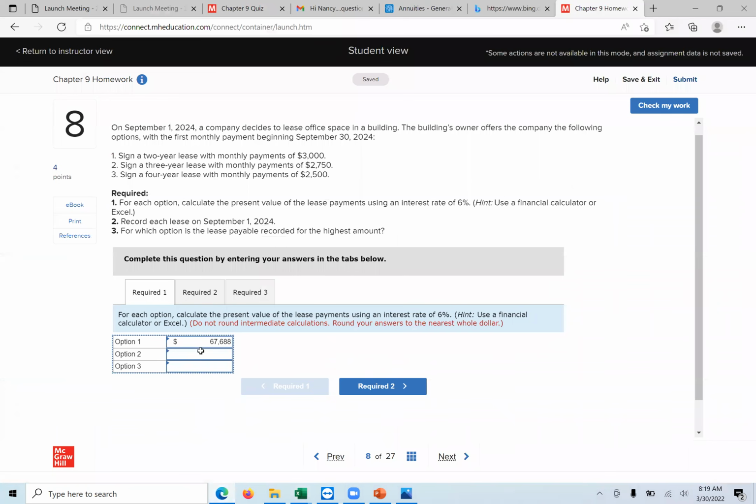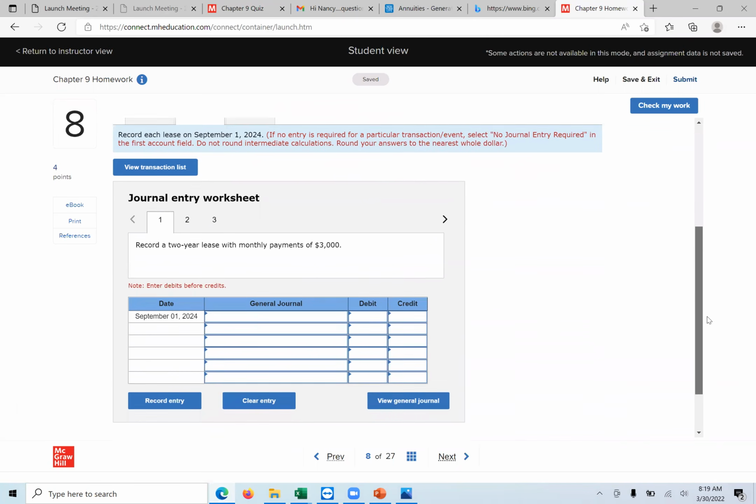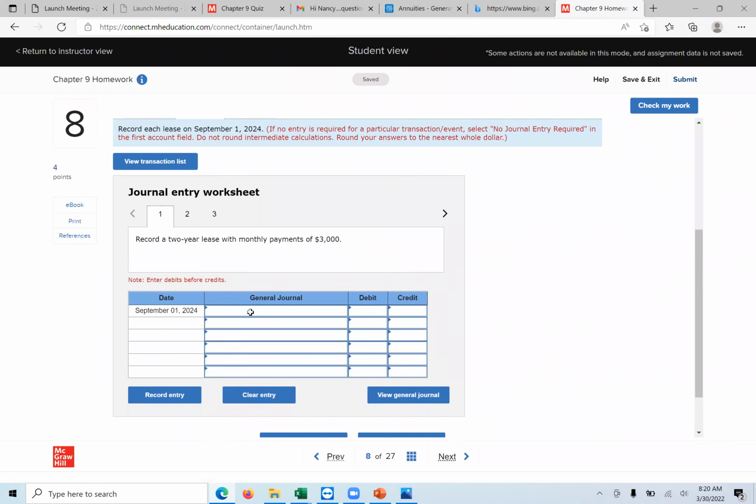So you would fill in those numbers, then record each lease on September 1st, 2024. Each of these would show the same.